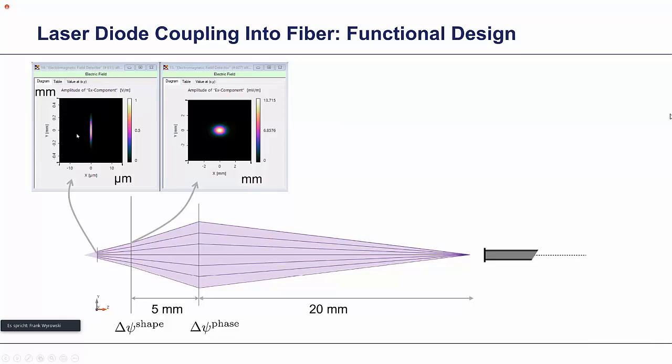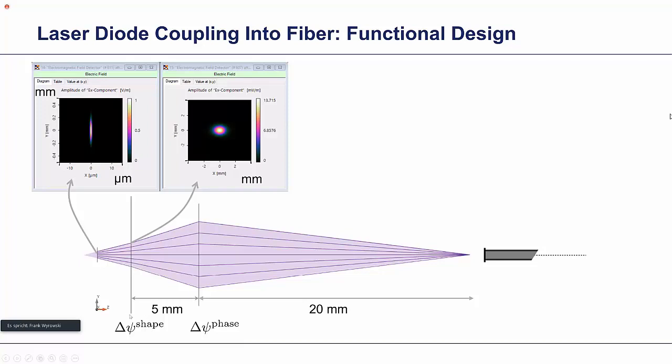Now, let's do it. Here is the picture of the input beam. It's very astigmatic. I think that's millimeters here, and that's micrometers. Then we propagate it a little bit, and we get this beam in this plane. In this plane, we would like to do the focusing. That means in this plane, we need a Gaussian amplitude or irradiance. So from here to here, we need a shaping from this one to a Gaussian.